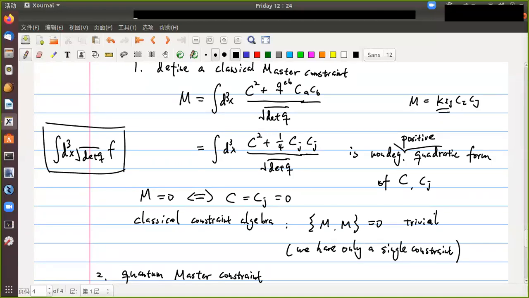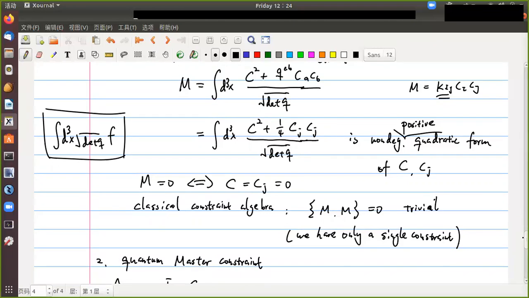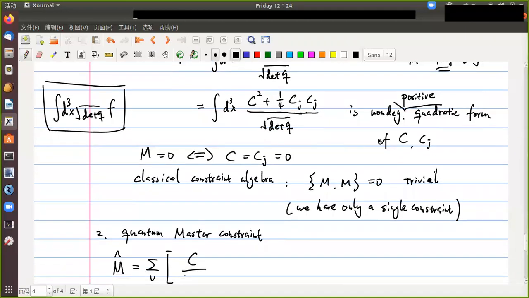Otherwise, if you don't have this determinant Q, it will depend on coordinates. Remember, for example, the Einstein-Hilbert action. So you have to divide by a determinant Q to remove the density weight.